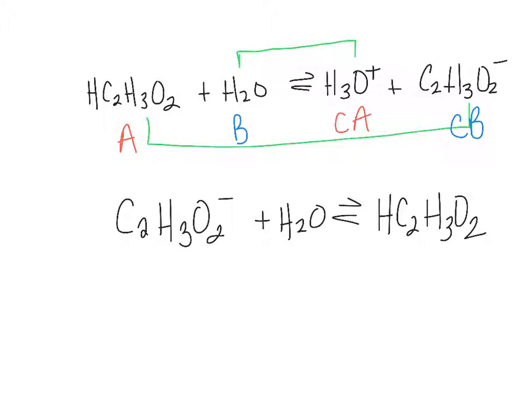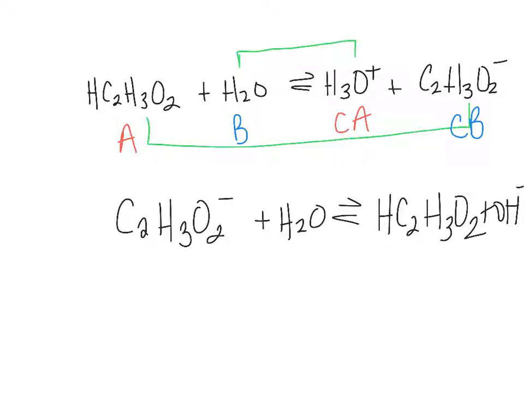If it steals an H from water, what's left from the water? If it took an H plus, what's left? OH, an OH minus. This took an H from this to make that. So this ion produces this ion.